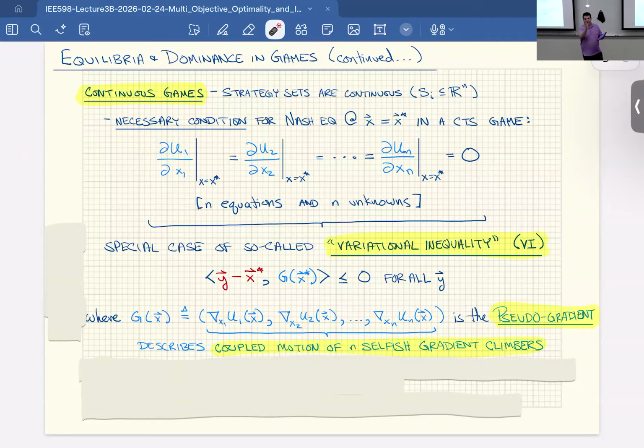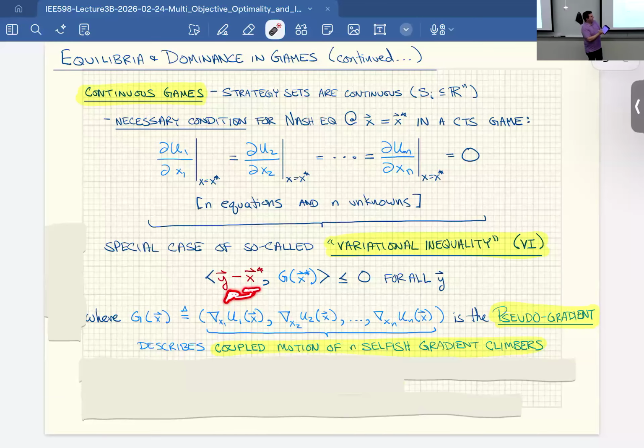So I'm stuck in a wall in my decision space. And this will still work for those conditions here. So this is basically saying that the inner product, the dot product of your Nash, so imagine a vector that's coming from your Nash and it's radiating out to an alternative proposal.